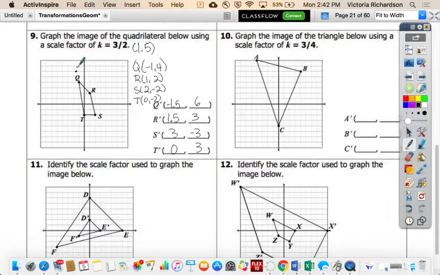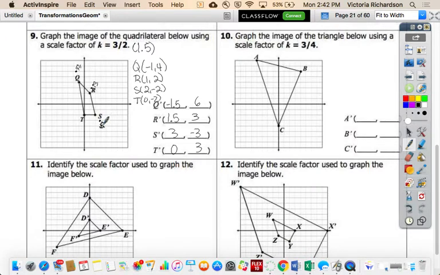So sort of in the middle of the two boxes. 1.5 and 3, so once again you go over 1 and then halfway and then go up 1, 2, 3, and that's R prime. Then 3, -3, 1, 2, 3, and down 1, 2, 3.